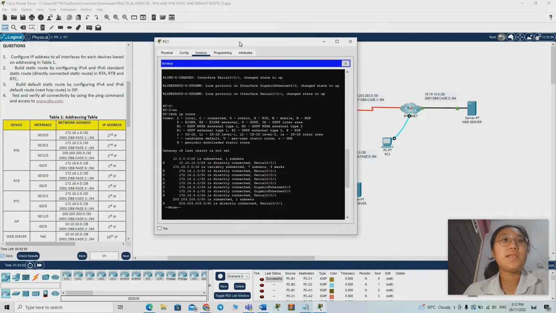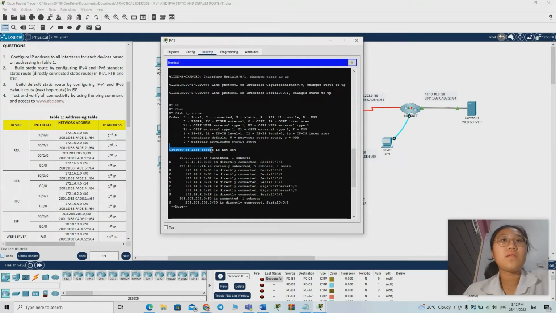And for RTC, the gateway of last resort is also not set, and there are also 2, 3, 4, 5 static, and the networks are still the same, with a different outgoing interface.